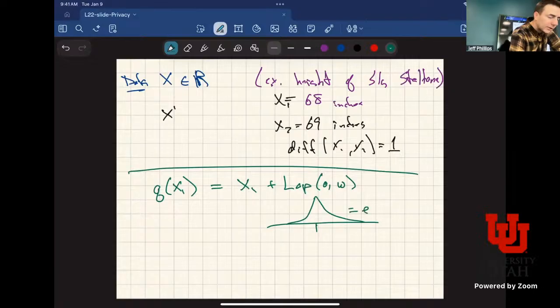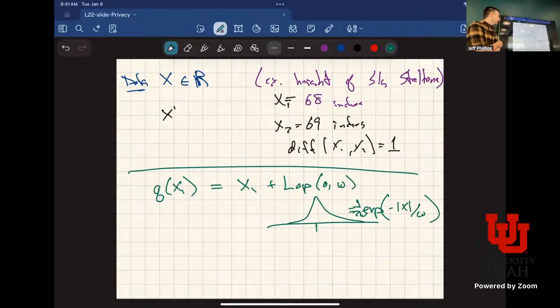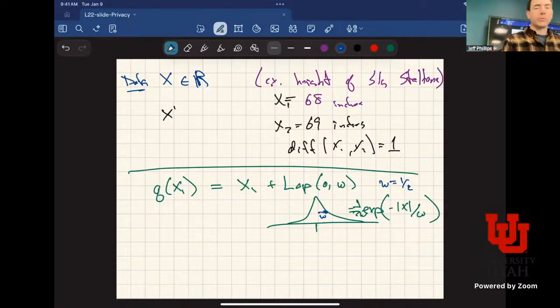It is 1 over 2W times the exponent of the value X divided by W. This bandwidth factor equals 1 over epsilon. So if I want to have more privacy, I need to add more spread out noise to it, right? If I make the noise more spread out, I'm going to have more privacy.